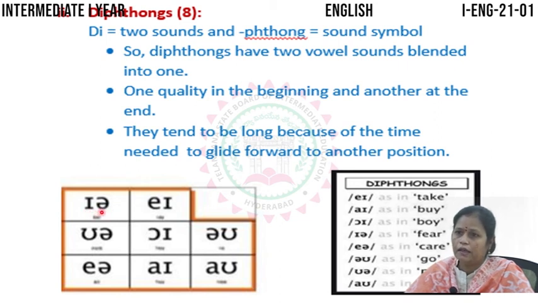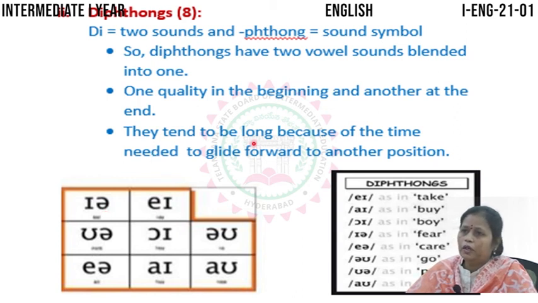The meaning of this statement is, in the beginning it is one sound, E, and it moves on, it glides to another sound, that is A. So this is the main feature of diphthongs. They start with one sound and end with another sound. Contrary to monophthongs, they tend to be long because of the time needed to glide forward to another position.